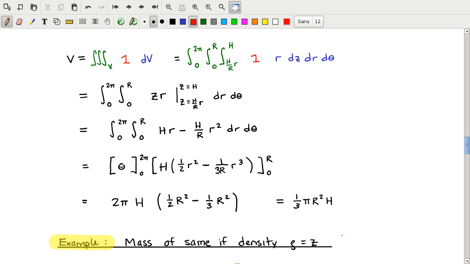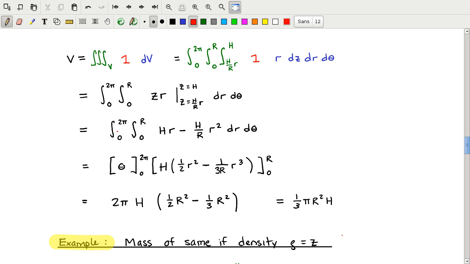That gives us hr minus h over big R, r squared, dr d theta. This is now just an integrand with only r in it. Even at the very beginning we could have taken that d theta out into its own integral, but now we are integrating only over a rectangle in r and theta with constant bounds on our integrals, so we can separate the integrals.